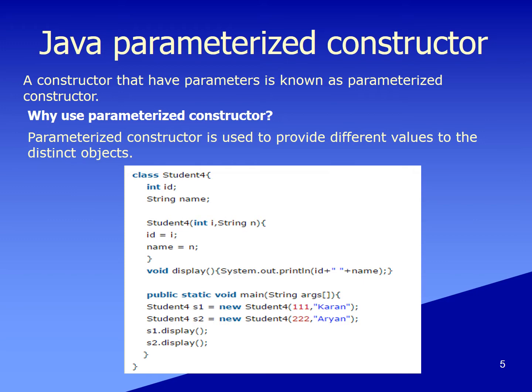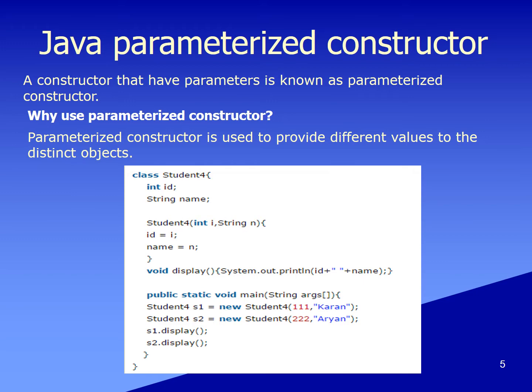In this constructor, id equals i, name equals n. Whatever you pass to this constructor will come into id as i and name as n.